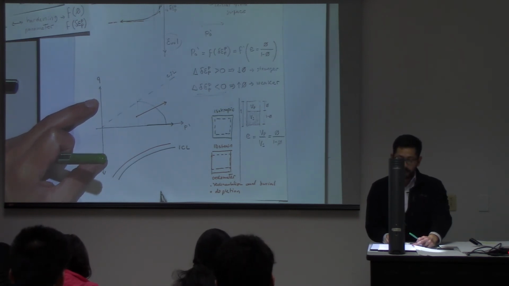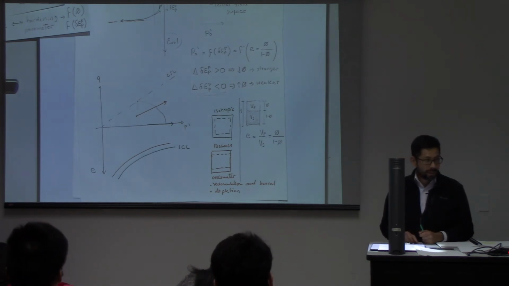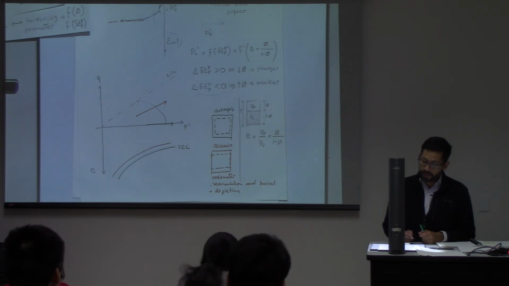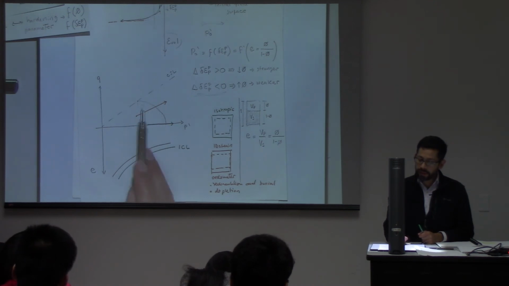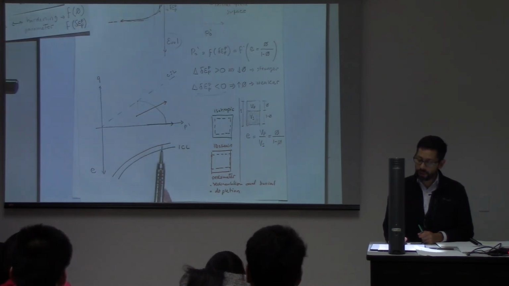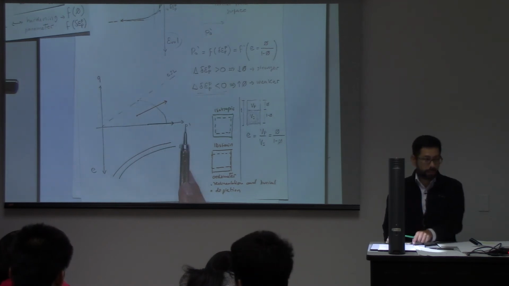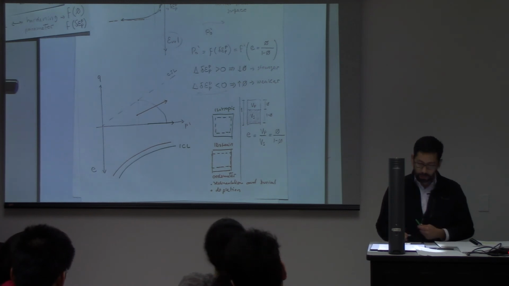And the result of this is going to be a unique relationship that links the deviatoric stress, the yield surface, and the yield surface as a function of porosity. So the yield surface, because of this relationship, is a function of porosity.